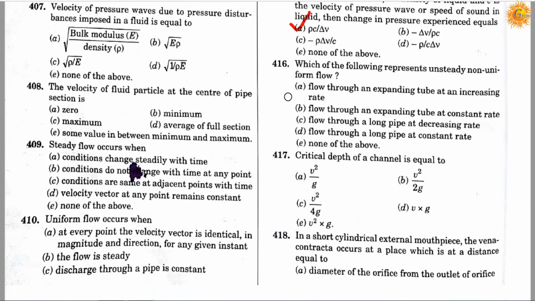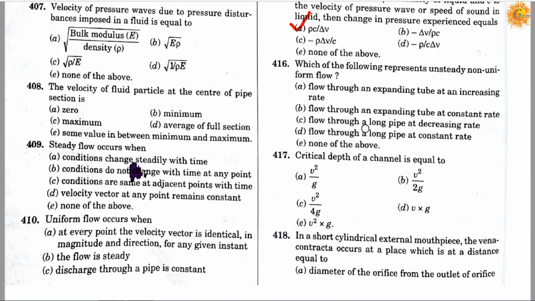Question number 416. Which of the following represents unsteady non-uniform flow? Option A, flow through an expanding tube at an increasing rate. Option B, flow through an expanding tube at constant rate.